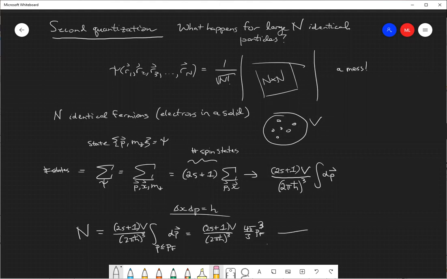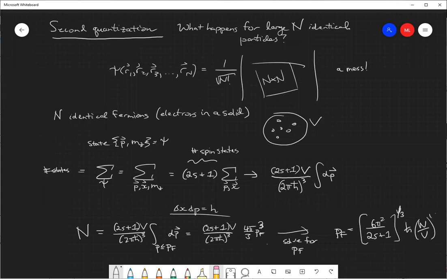So you can solve this for the Fermi momentum, and you'll get p_F is equal to (6 pi squared over (2s plus 1)) to the 1/3, times h bar, times (N over V) to the 1/3.